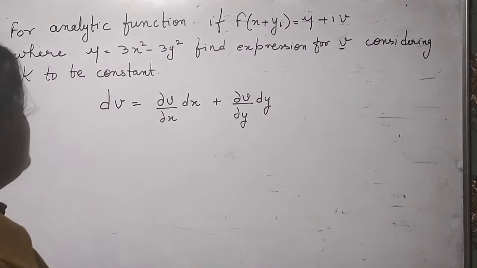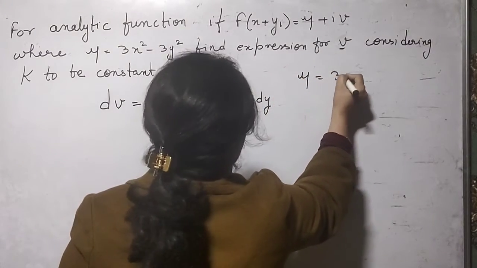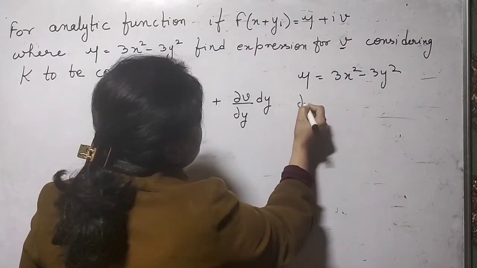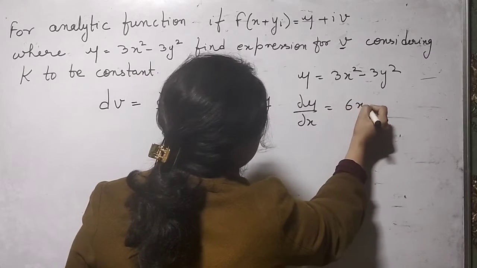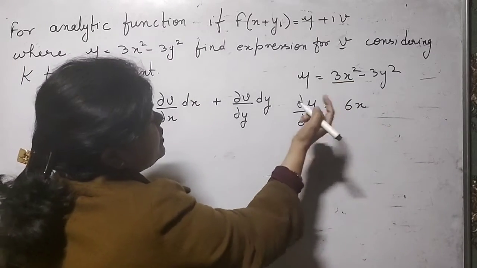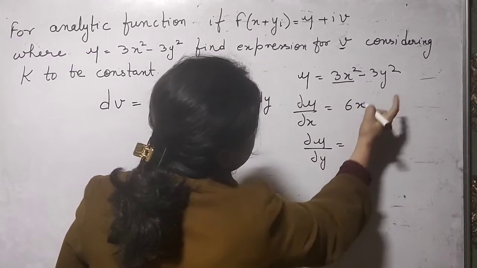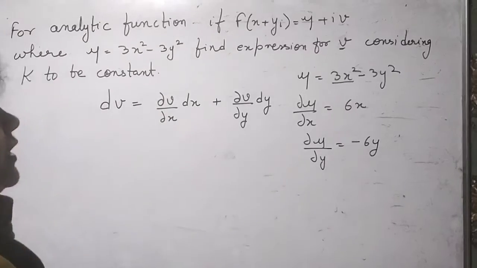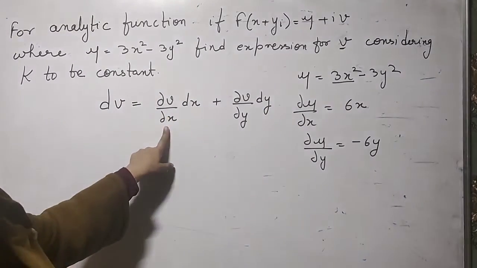Okay, now we have the expression u is equal to 3x square minus 3y square. So we can find du upon dx as 6x, differentiating this with respect to x, and du over dy, differentiating this with respect to y, that is minus 6y. Now we have du by dx and du by dy, and we need dv by dx.